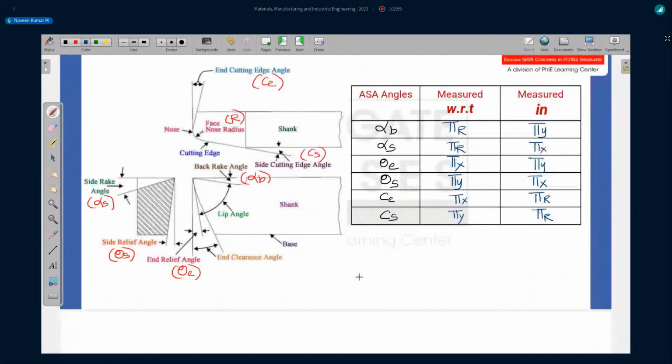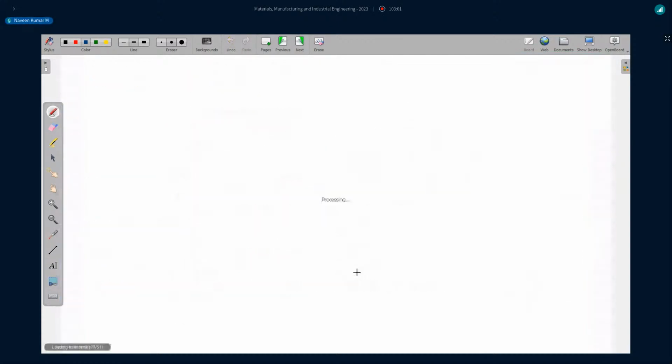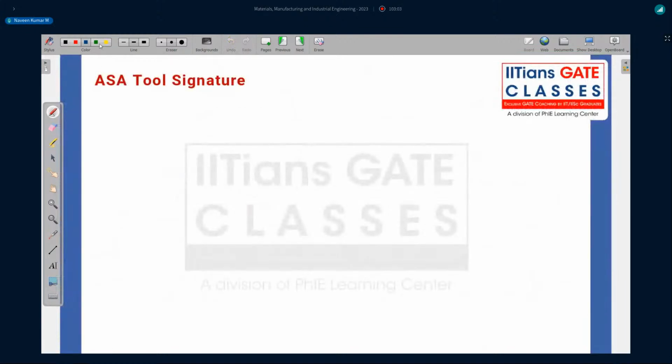The predefined sequence is this. Alpha B first, then alpha S, then theta E, then theta S, then CE, then CS, then nose radius.